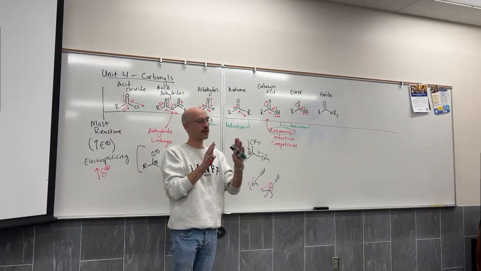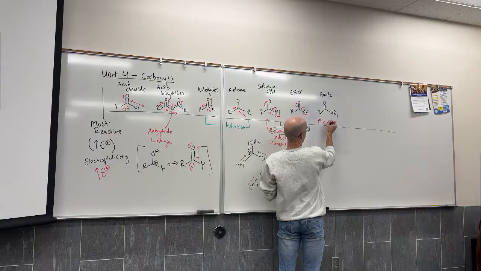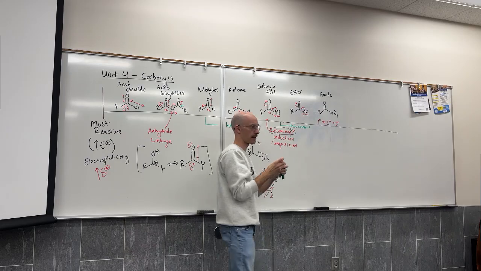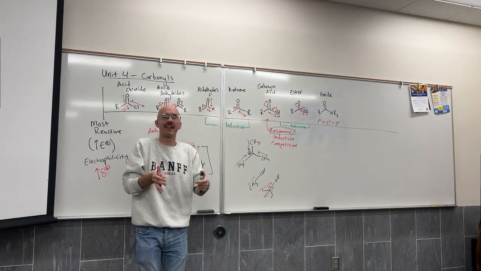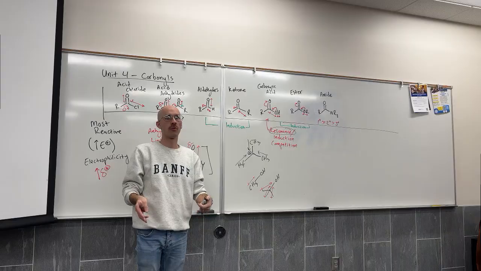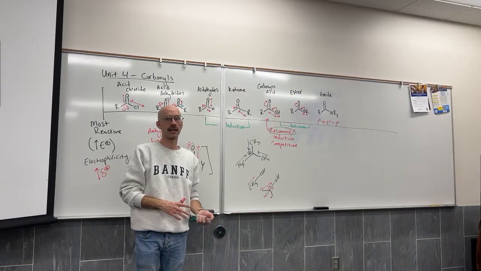And as you increase from primary, primary is more reactive than secondary, than tertiary, because you're getting this inductive effect. The more R groups on the nitrogen, the more the nitrogen stabilizes the carbonyl, the less reactive the carbonyl is.